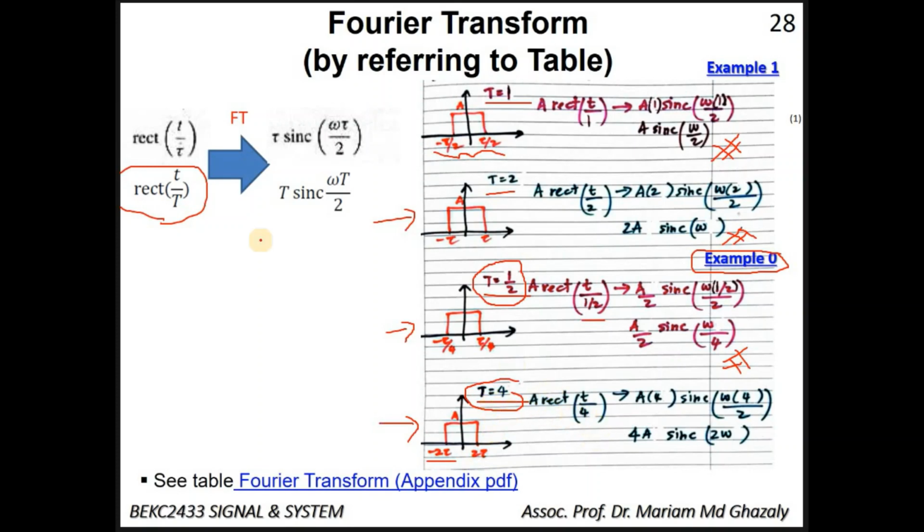So when you rewrite this equation, you will get a rectangular t over 4, T equal to 4 here. So you get A 4 sin omega 4 over 2, so you get sin 2 omega. So you will get this final answer.